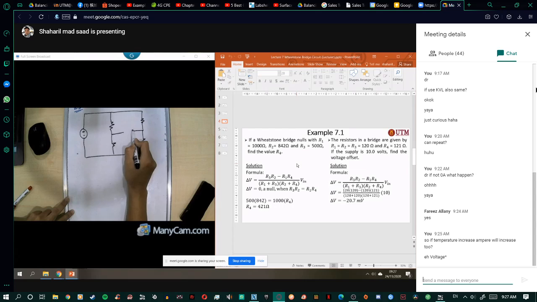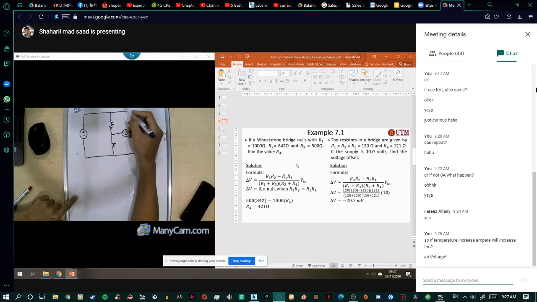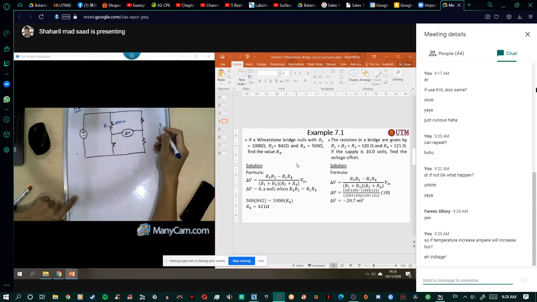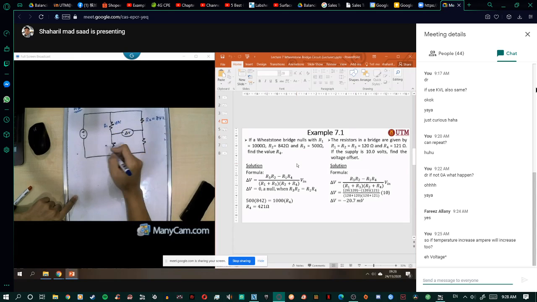Okay, so this one is delta V. Now you have R1 equal to 1000, R2 equal to 842 ohm, and R3 equal to 500.